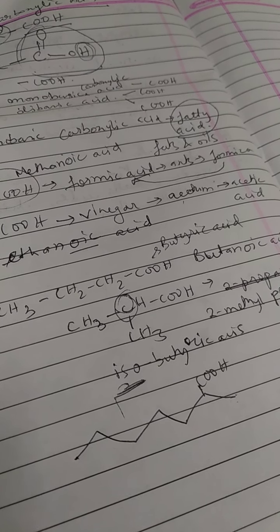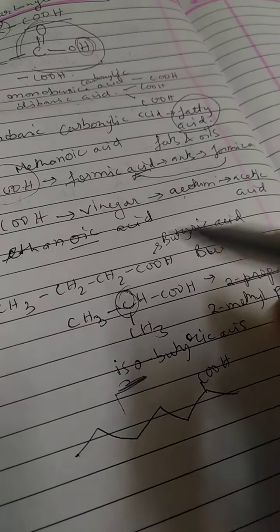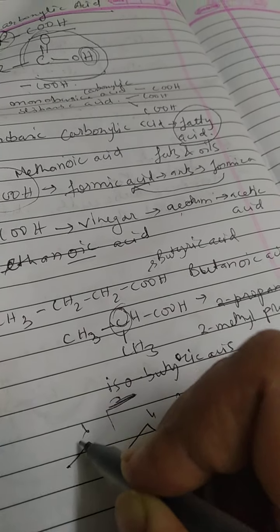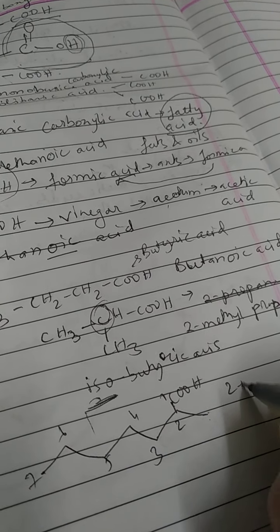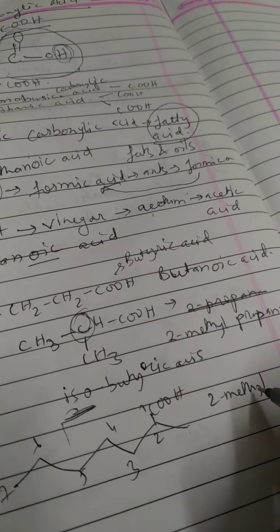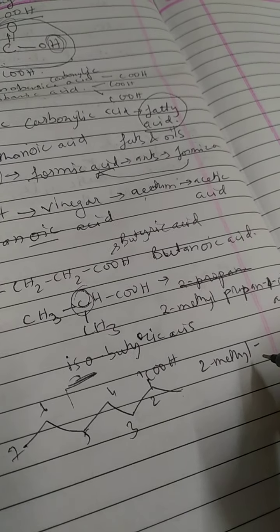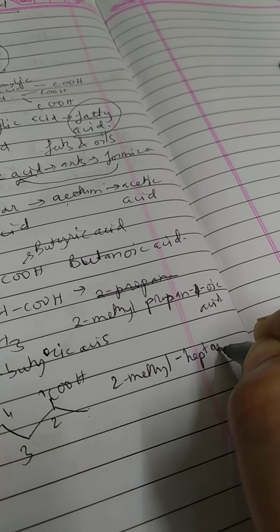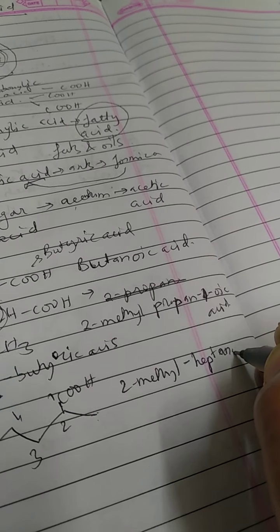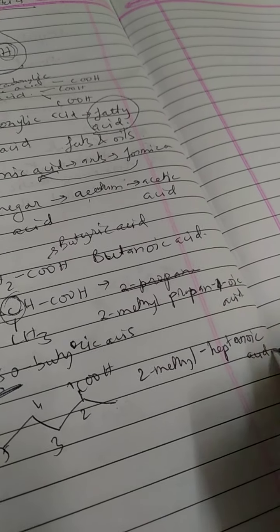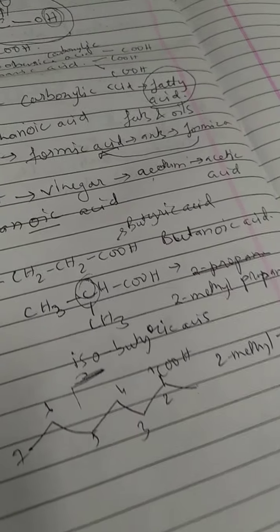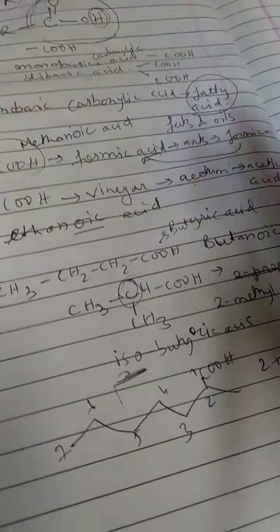For example, here it will be 1, 2, 3, 4, 5, 6, 7. So this is 2-methyl, 7 carbons means heptanoic acid. Got it? So this is how the IUPAC nomenclature is done. We have to number the longest chain.